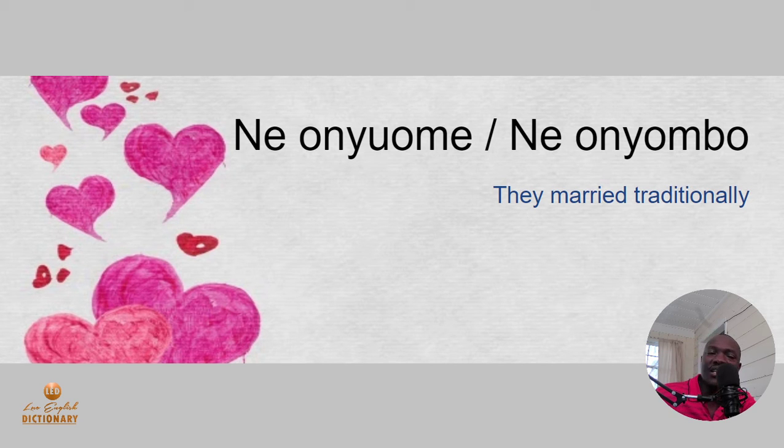They married traditionally. The traditional marriage takes two types. If it's the lady, you say ne onyuome. So ne onyuome means the lady was married. But if it's the man, you say ne onyombo.